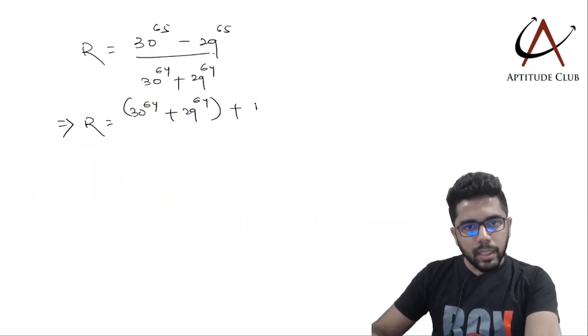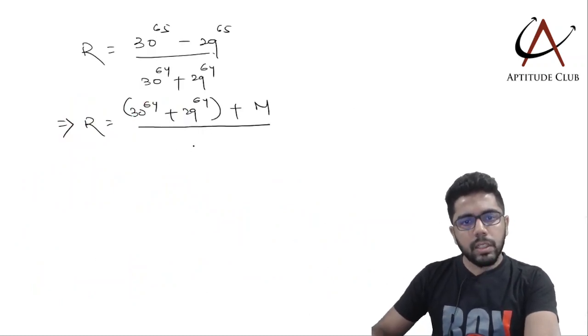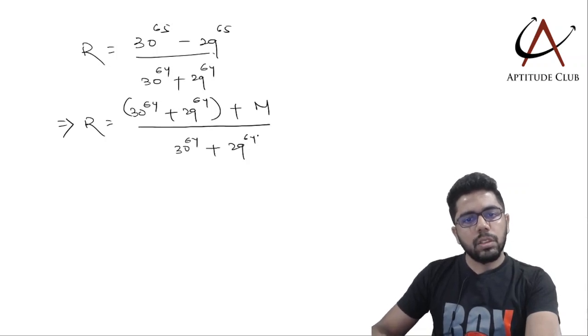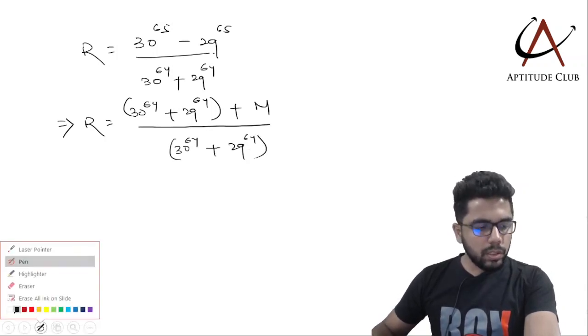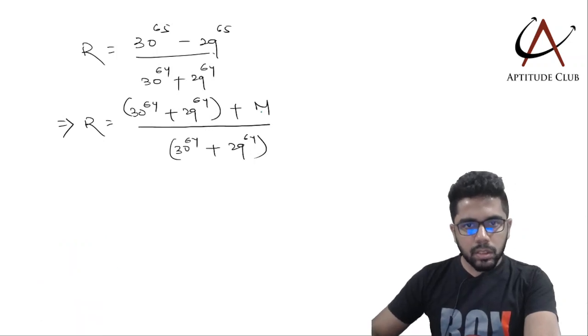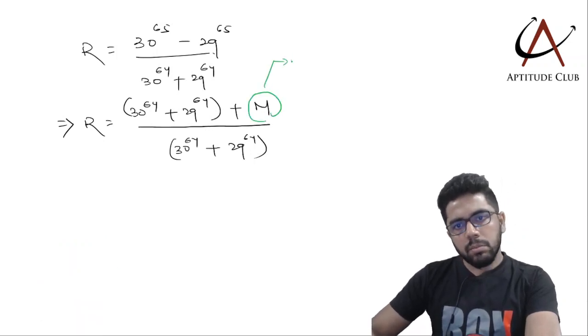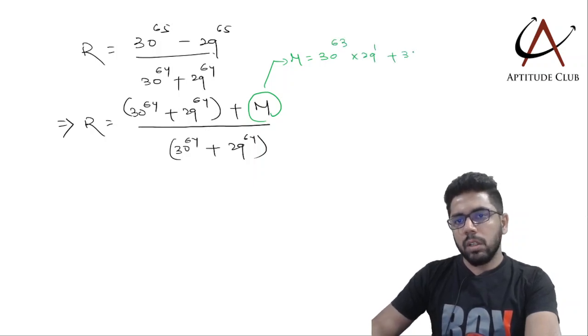So I can write it as m divided by 30 to the power 64 plus 29 to the power 64. If you want, I can write the expansion here. m is equal to 30 to the power 63 into 29 to the power 1 plus 30 to the power 62 into 29 square, and so on.